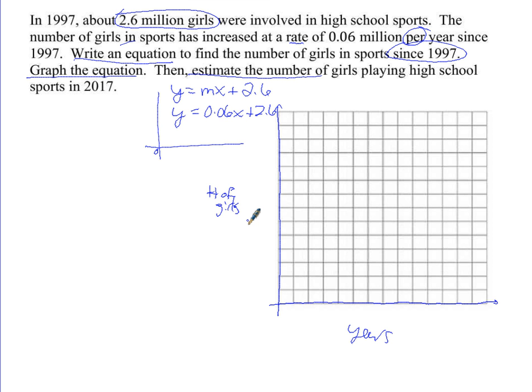Scale. So let's think about this. Technically this is 1997 when we started, but we're calling that year 0. So this is 0 right here. I have 14 lines. How far do I need to go? It says estimate in 2017, but do I need to go that far? No, I don't. I just need to go far enough so that I can see this line, okay? So could I go by ones? Sure.